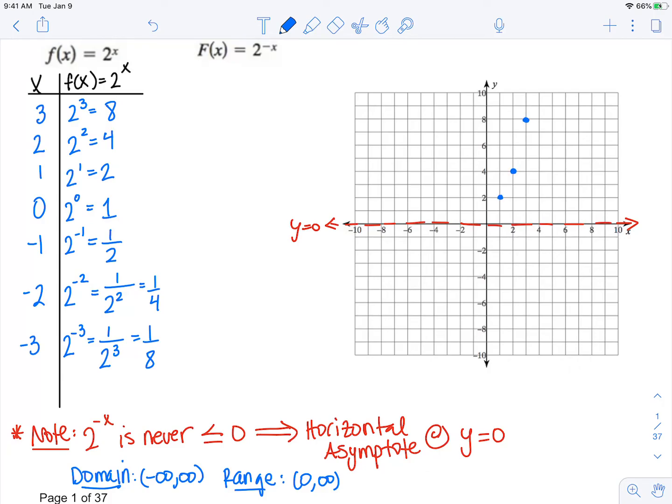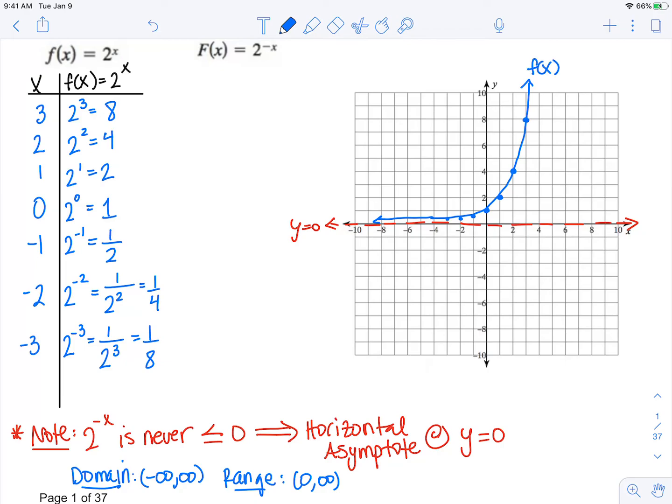At 1, I'm at 2. 0 is 1. -1 is 1/2. -2 is 1/4. And then 1/8. And so we'll see this function here will never cross that horizontal asymptote, and this is f of x.